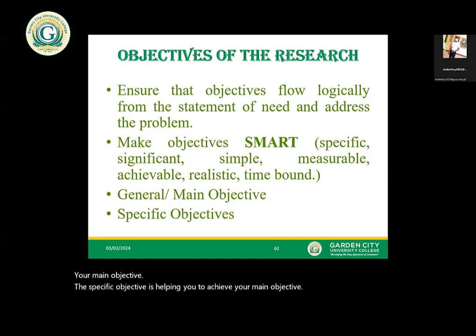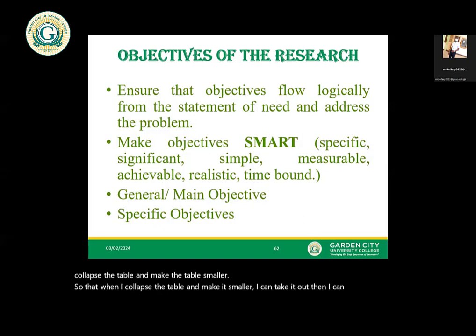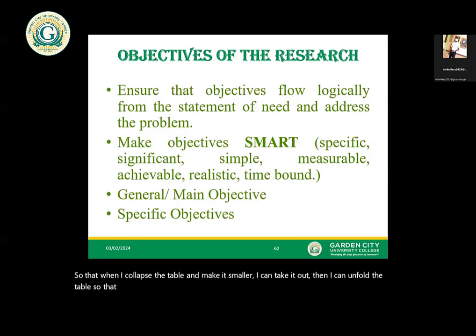You are breaking components down. I want to carry a table from the theater to the ward. The door of the theater is very small and the table is big. I realize that I can collapse the table and make it smaller, so that I can take it out. Then I can unfold the table so that it becomes the bigger table that it is.